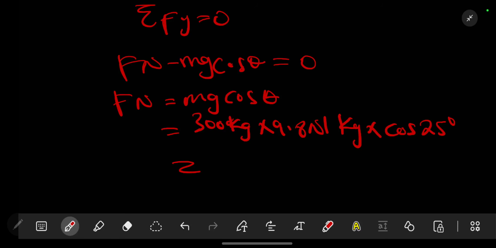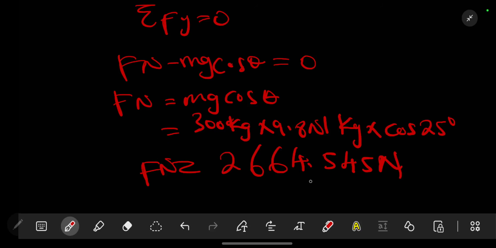So we have 300 by 9.8 times cosine of 25 degrees. This gives us a value of 2664.545. So this is the normal force.